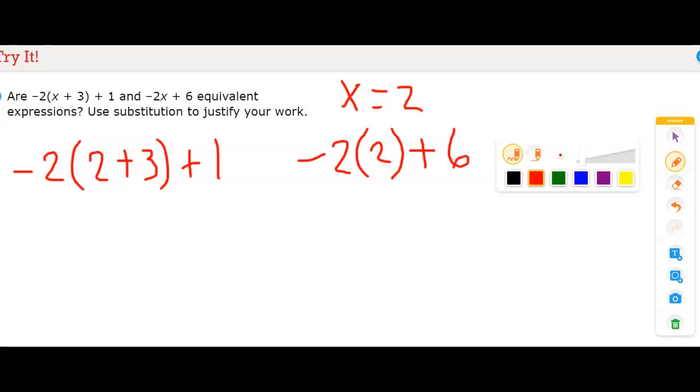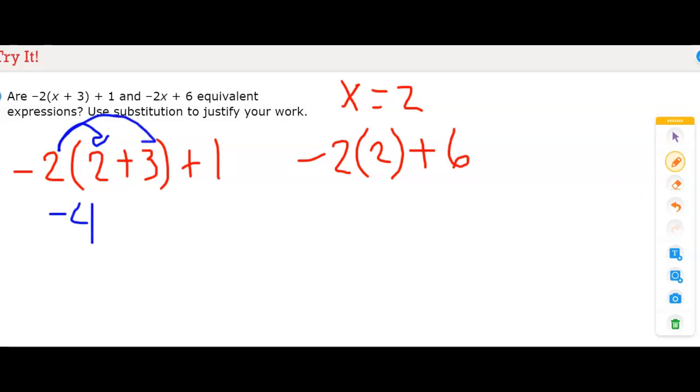So remember the distributive property. Negative 2 times 2 is negative 4. Negative 2 times 3 is negative 6. So we have negative 4 plus negative 6 plus 1, which gives us negative 10 plus 1, and then we're finally at negative 9.